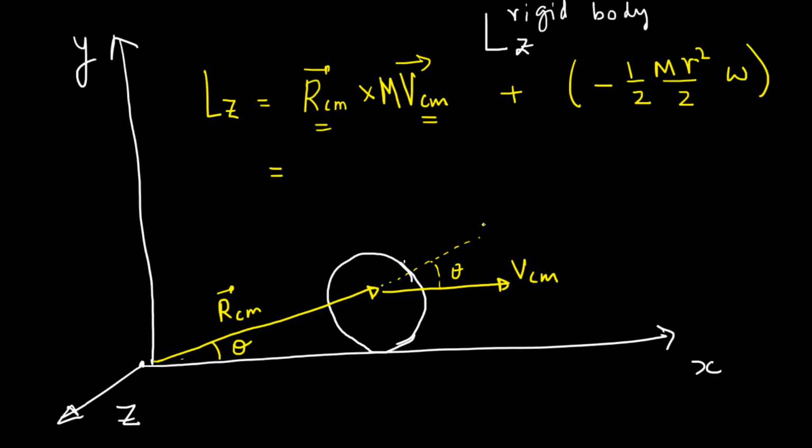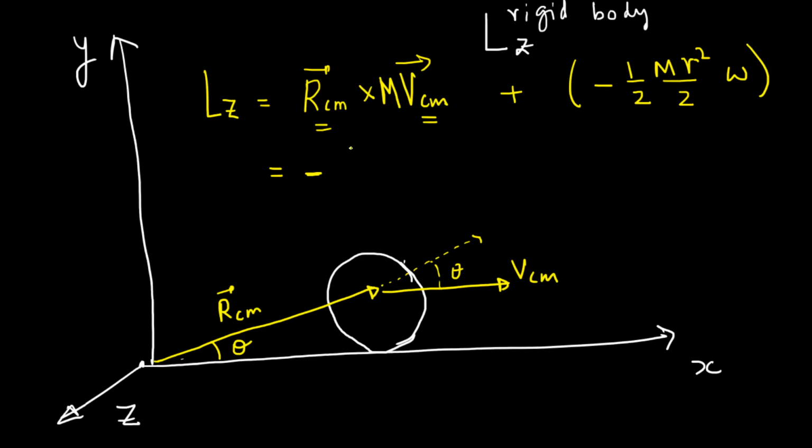But more importantly, if you could just imagine a little bit and use your right hand rule, you'll quickly agree with me that the cross product of RCM cross VCM is into the plane of the paper. That means it's got a minus sign. So I'm going to leave it to you. Please play with your right hand rule, and let your thumb point into the plane of the paper.